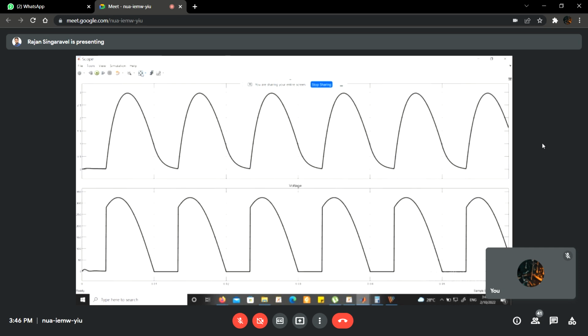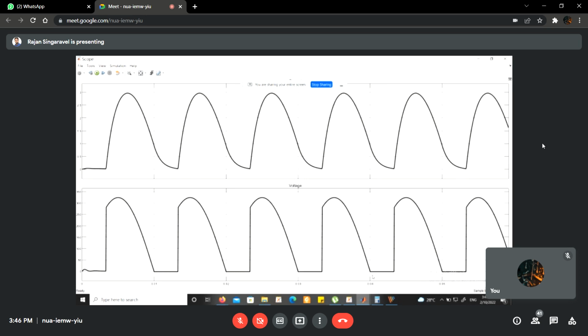Right. Now you can see the only thing is the current is a little bit smooth. But you can see that the voltage has the same pattern and there is no negative part across the load terminal. So throughout the working condition, the voltage is positive and the current is also positive.